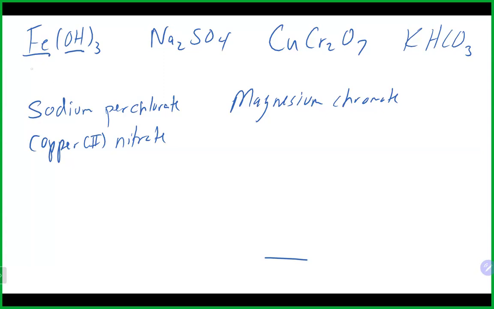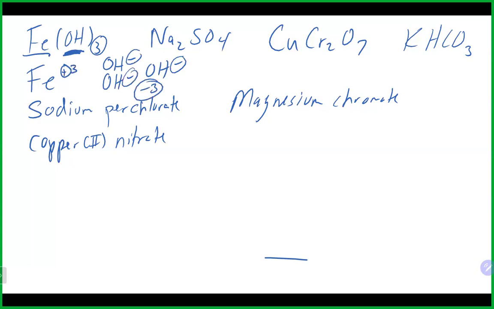So here, what we want to figure out is what is the charge on the iron. We do know the hydroxide is a polyatomic ion from that list, which is OH minus. It does have 3 of them, which means if we add all that together, that is 1, 2, and 3 on the minus, meaning that our iron should be a +3 in this case.